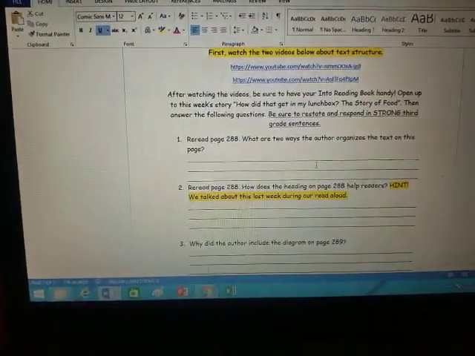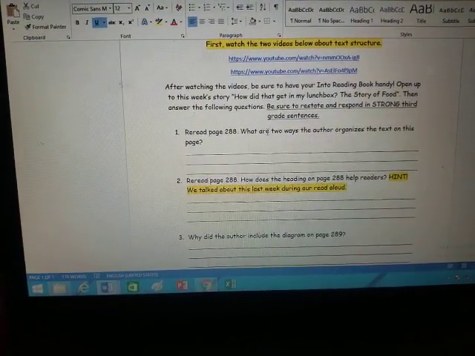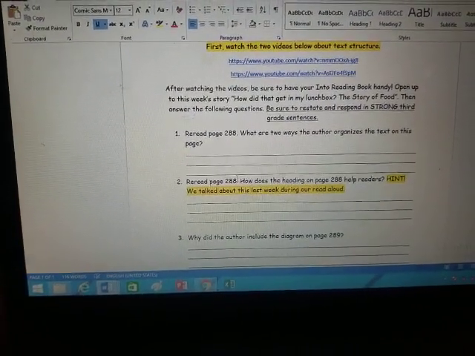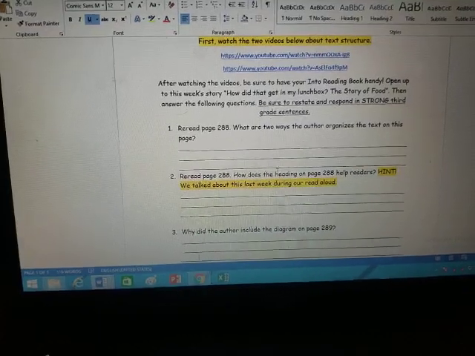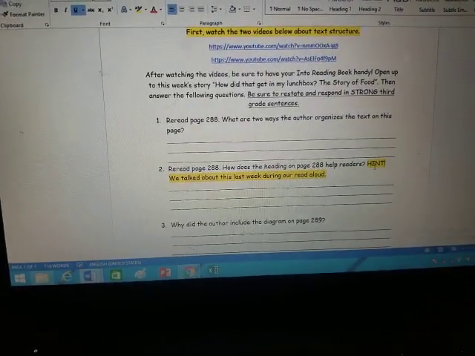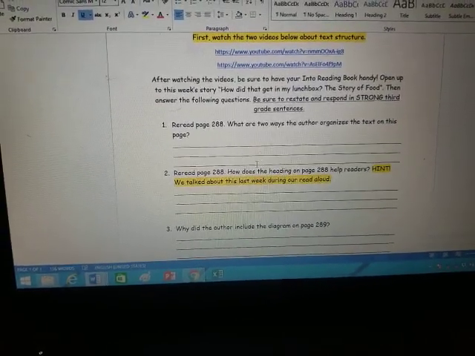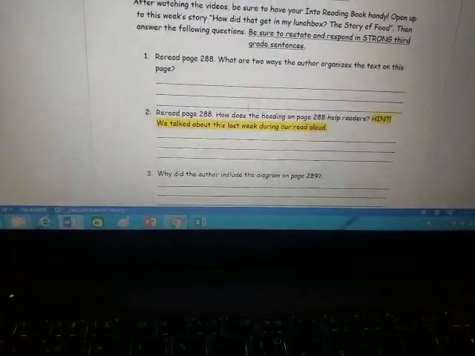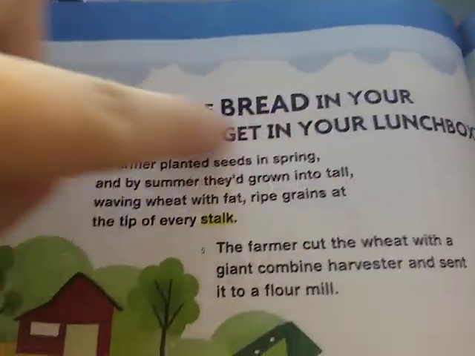Okay? Then it says reread for number 2. Reread page 288. How does the heading on page 288 help readers? It says, hint, we talked about this last week during our read aloud. So if you go back to 288, here is the heading right up here. Why do we have a heading, boys and girls?